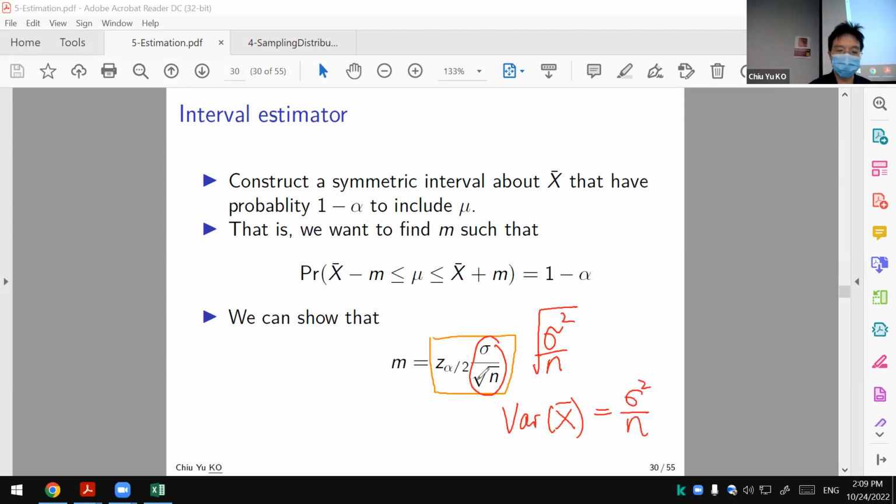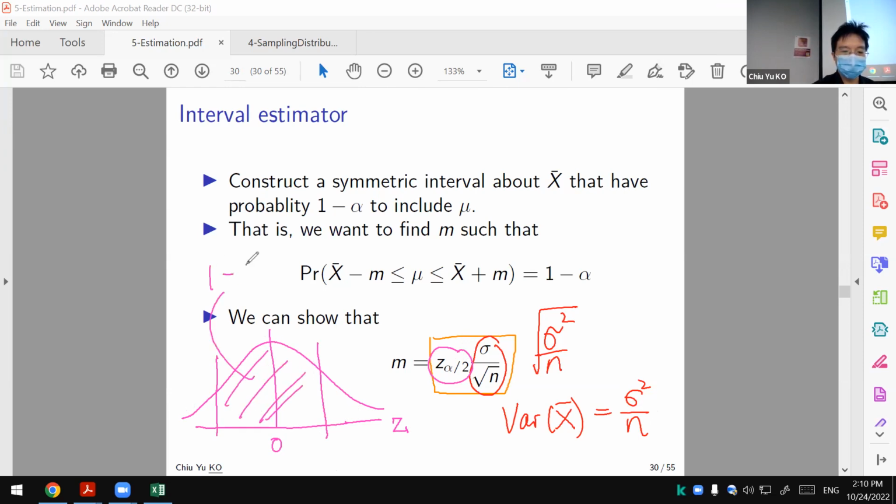You take the square root, the standard deviation. And the next part is this guy. And you ask what this guy is. If you remember the definition, this is the standard normal, this is 0 here. If you have symmetric, if this is 1 minus alpha, okay?